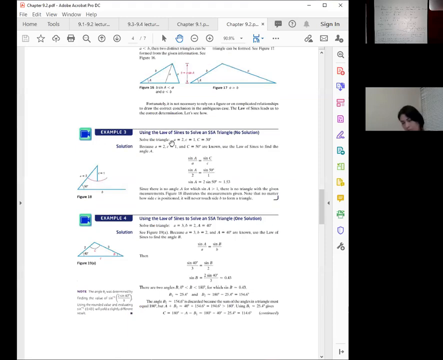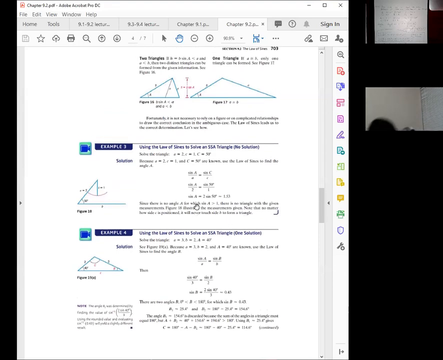Let's see if I can find one. Another way you can tell if there's no triangle, let me show an example from the book before you go. Example 3, there's no solution, right?